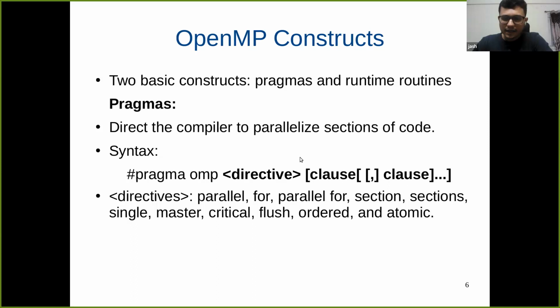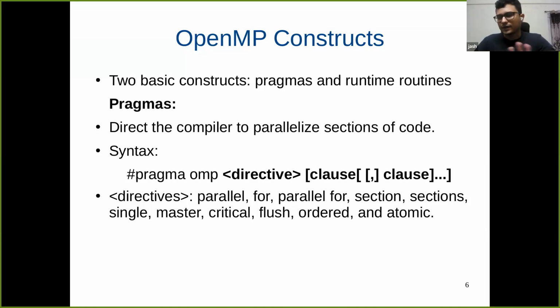For each directive, let's say the parallel directive, you can have multiple clauses, like the number of threads and so on. So these are the two parts of #pragma omp: one is the directive, another is the clause. This directs the OpenMP part of the compiler, and it will be used for parallelizing the serial portion of the code.